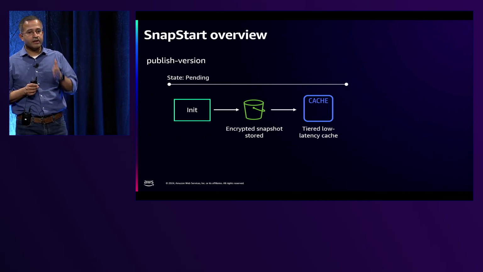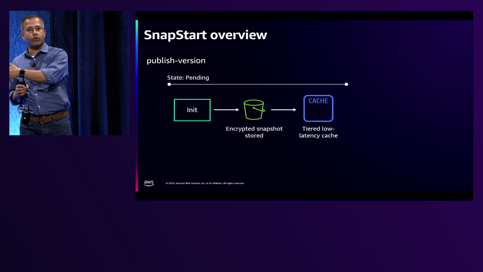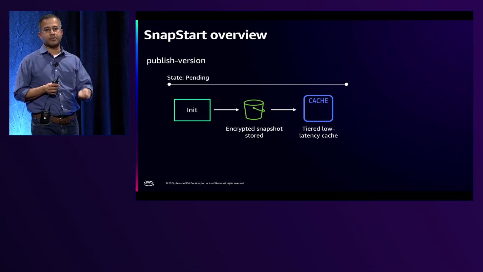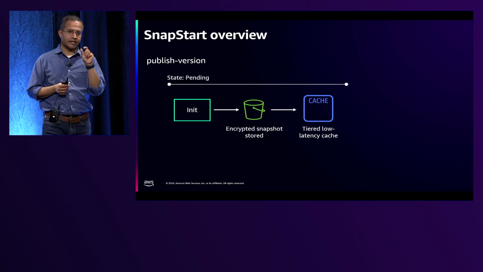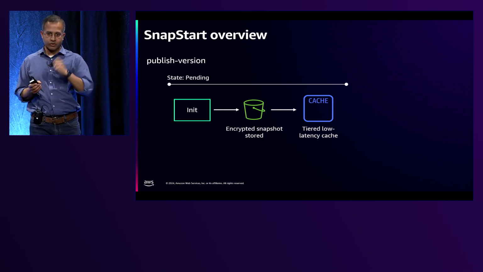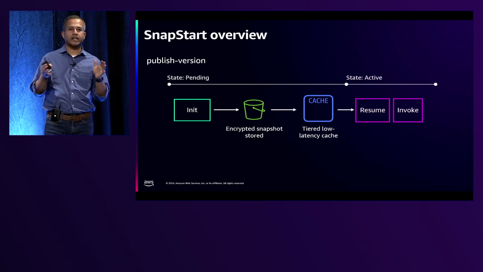When there are subsequent invokes for your Lambda function, this encrypted snapshot is loaded back up. Again, I mentioned the tiered small chunks, and so the most frequently accessed chunks will be loaded, again leading to improved latency.